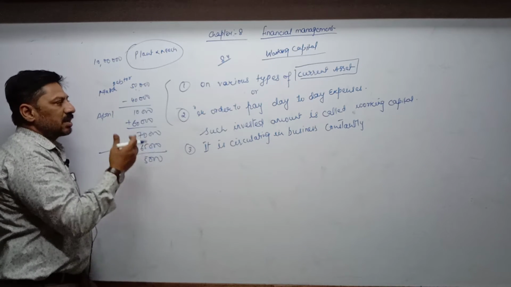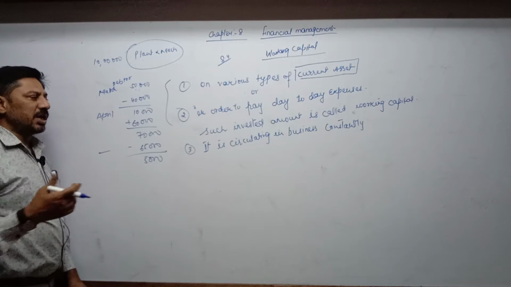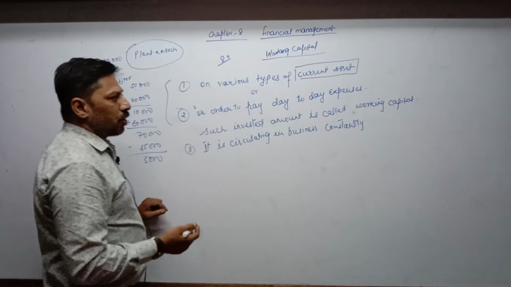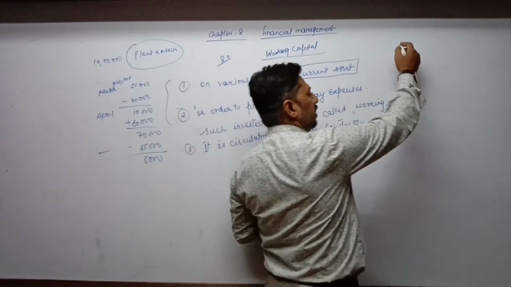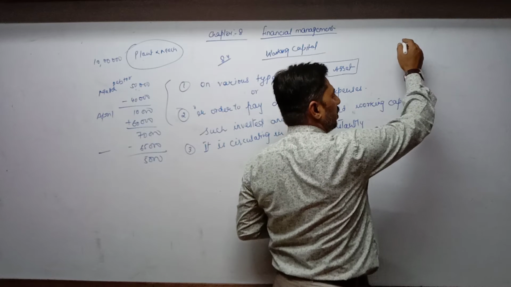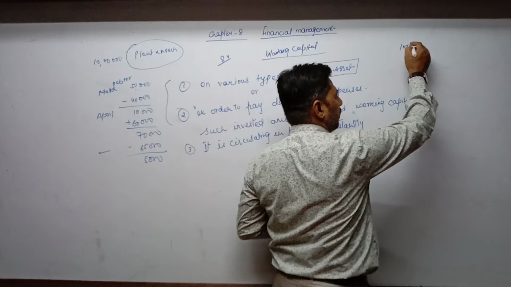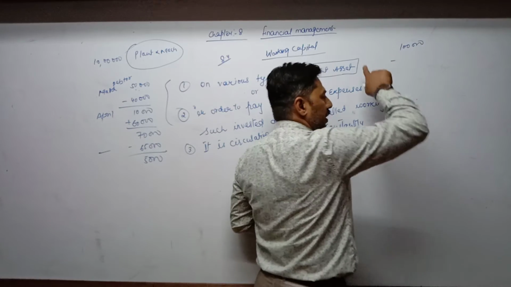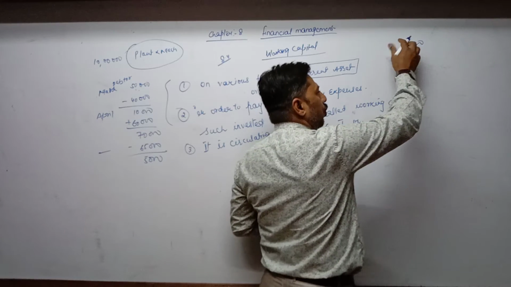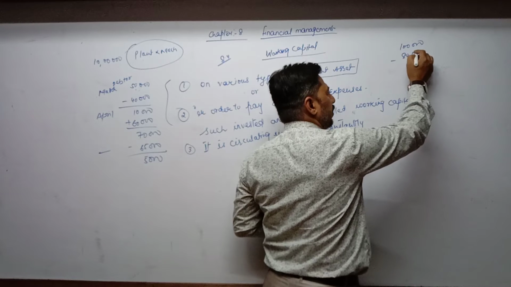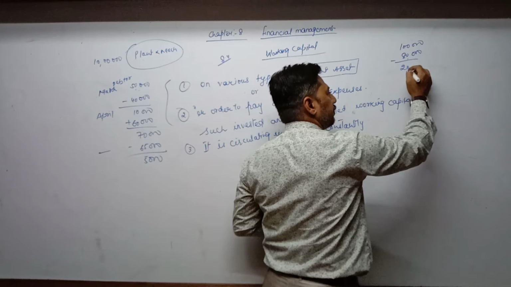In the same way, other current assets are also changing constantly. For example, clothing stock. In the beginning of March, total stock available in the shop is 1 lakh rupees. In the whole month, we have sold goods of 80,000. Now stock is 20,000.